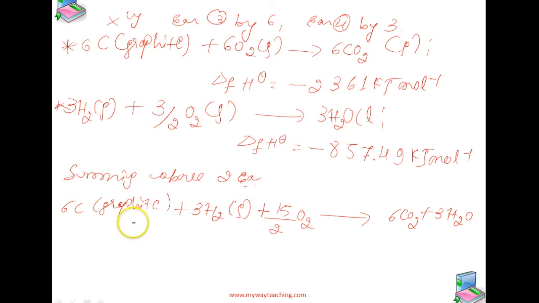The delta F H is minus 3218.49 kilojoule per mole.